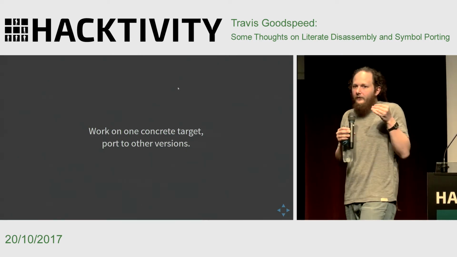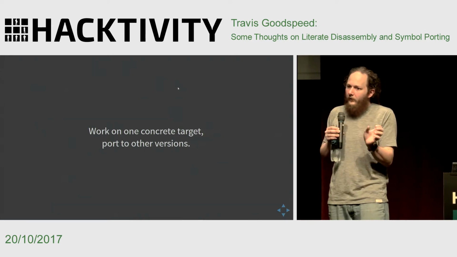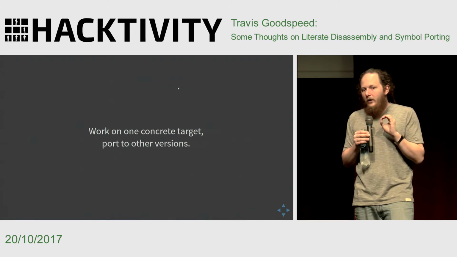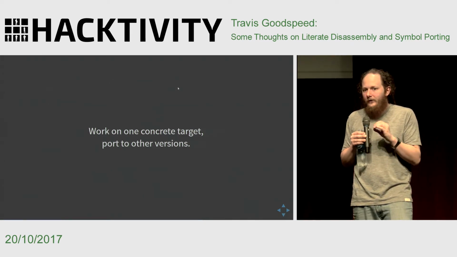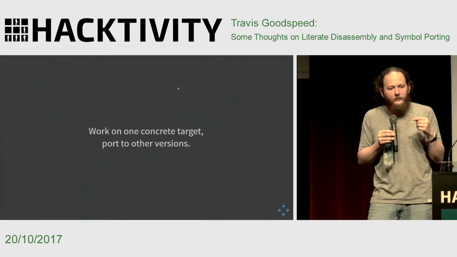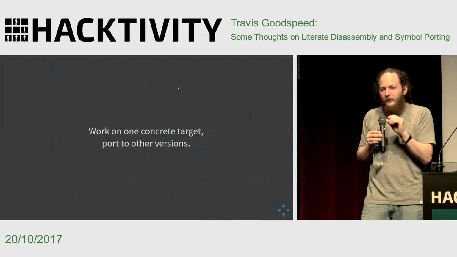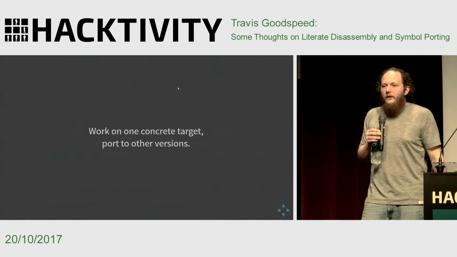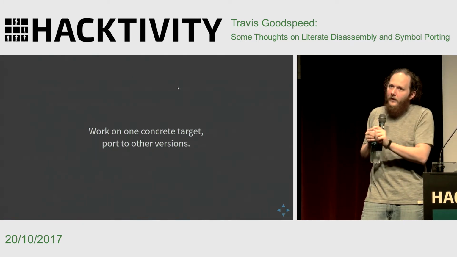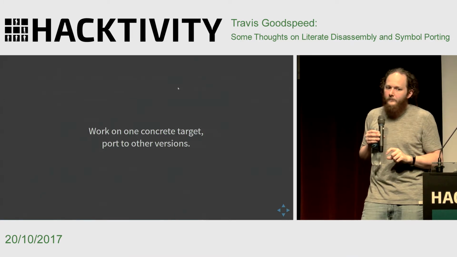Some symbols cannot easily be ported over automatically, but the vast majority can be automatically ported if they haven't significantly changed. So rather than having to manually go through and identify all of these, you can only identify the ones that the automated tool was incapable of handling.